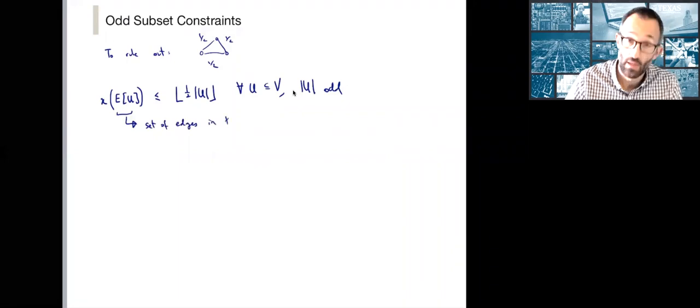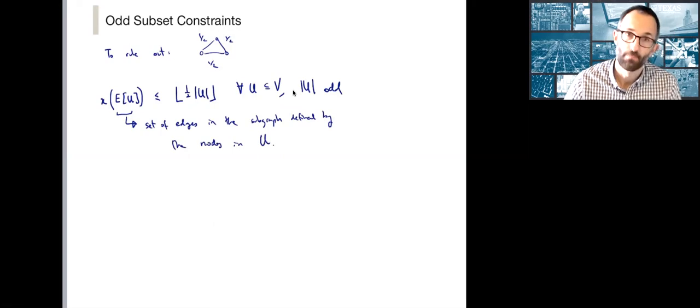And what this means, E(U) is the set of edges in the subgraph defined by the nodes in U.